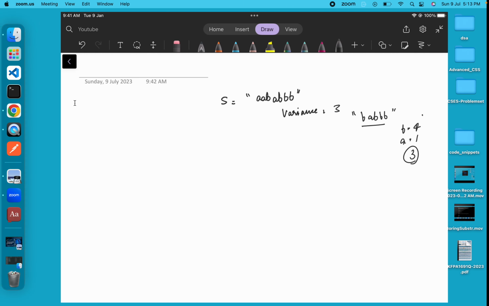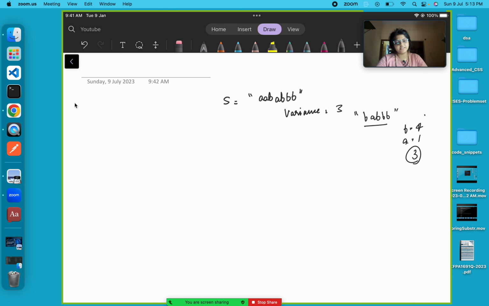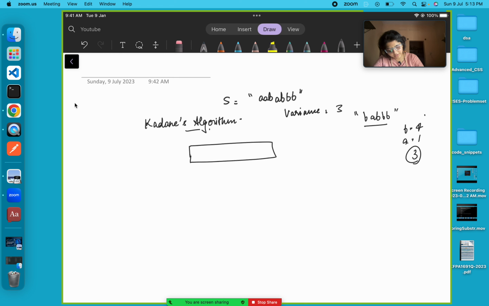Okay, so let's look a little at the approach. Have you heard the name Kadane's algorithm? So Kadane told that if you want the sum of any subarray including negative elements, you can maintain a current variable and traverse through the array.